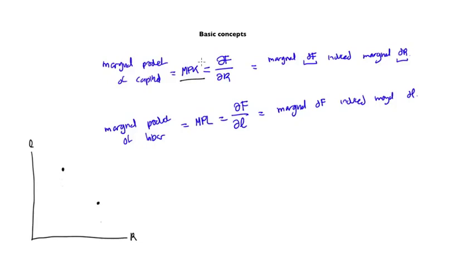So for example, it may be that the marginal productivity of hiring an extra worker depends on how many machines you have. It may be that when the level of machines is low, let's say K low, the marginal productivity of hiring an extra worker is low, but when you have a lot of machines, let's say when K is high, the marginal productivity of hiring an extra worker gets larger. That interrelationship between capital and labor in their marginal productivity is something very common and something that will be interesting, and we will look more at later on.